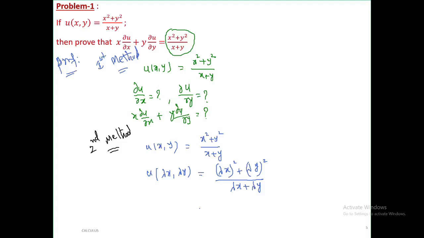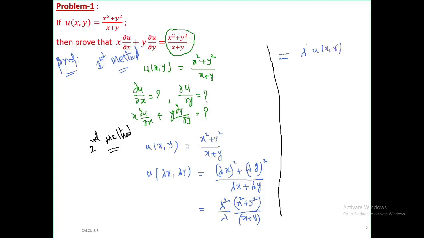Now λ is common, so λ² in the numerator and λ in the denominator. So finally what will we get? x² + y² in the numerator and x + y in the denominator. So finally you will get λ into u of x comma y.